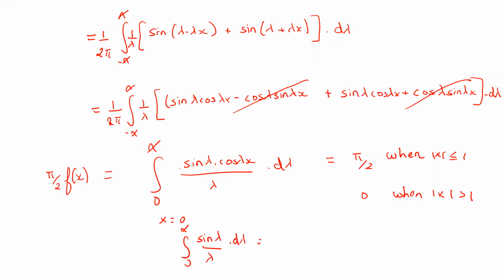On the right hand side we also put x equal to 0. When mod x is less than or equal to 1, that means in between minus 1 to plus 1, the value is pi by 2. So when x is equal to 0, the value of the function is pi by 2 in that region.